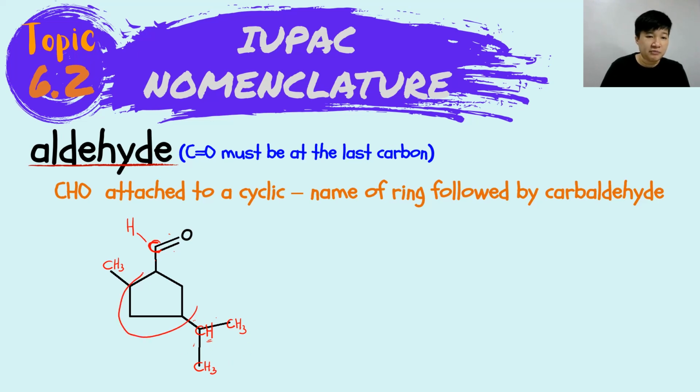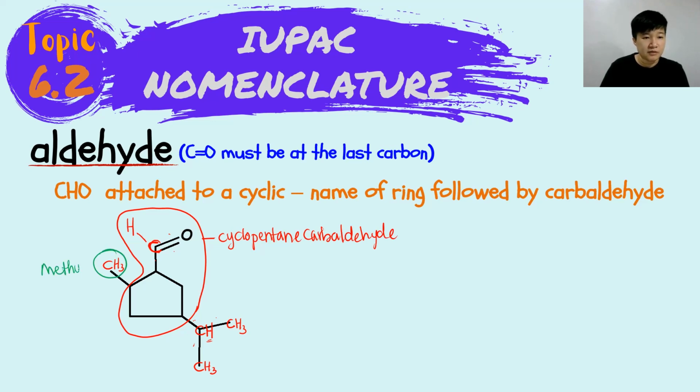So the parent will be the cyclic with the aldehyde. So the name over here, cyclopentane carbaldehyde. The substituent that I have over here is a methyl group. And the substituent that I have over here is isopropyl. The problem right now, what is their position?